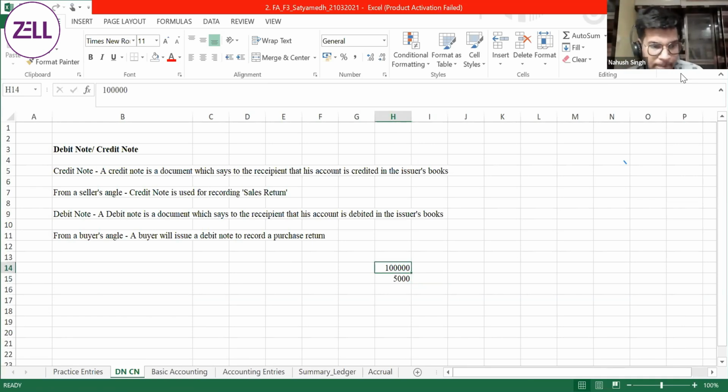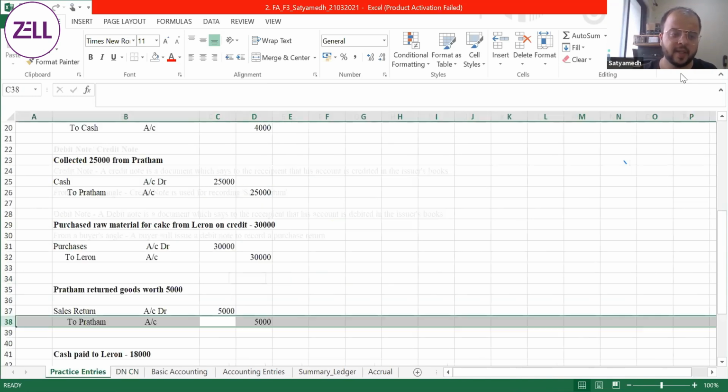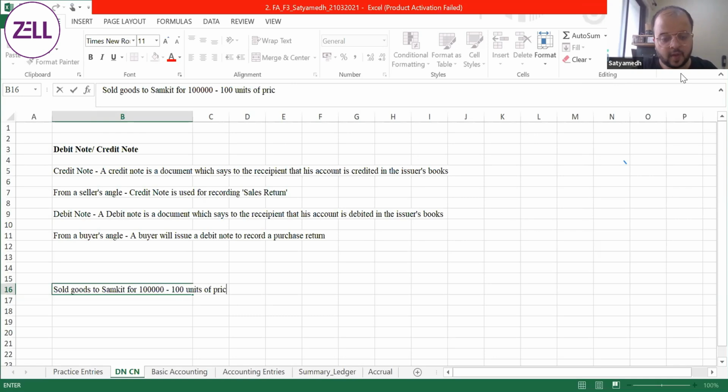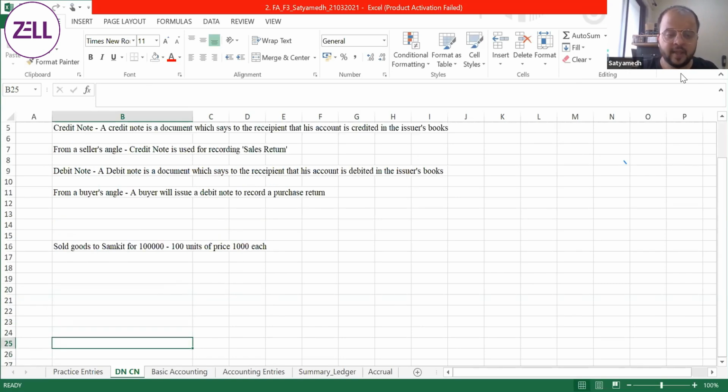Let's create one example जिससे आपको और better समझेगा. सेम एंट्री करते हैं. ठीक है, समकित इज स्माइलिंग, तो आई विल यूज हिज नेम. सोल्ड गुड्स टू समकित फॉर 1 लाख. और ये 1 लाख कैसा था ना, 100 यूनिट्स ऑफ प्राइस 1,000 ईच. तो समकित एंट्री क्या करो इसकी?